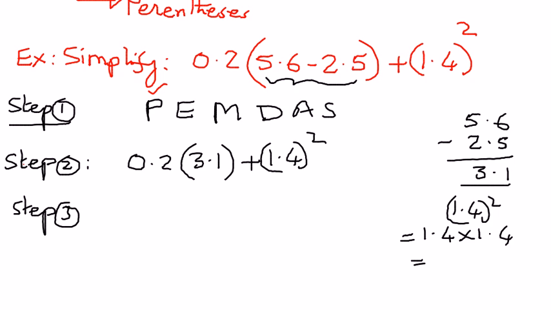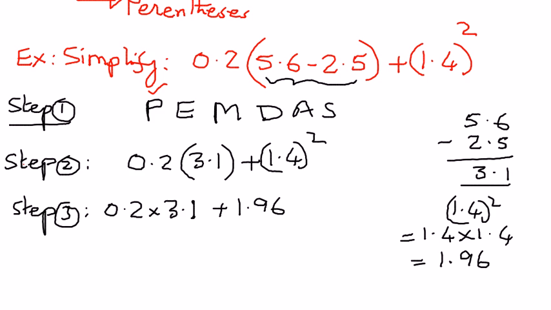These are two decimal numbers, and when we multiply them out, the value comes out as 1.96. So we write that here. We can now drop the parentheses and write this as 0.2 times 3.1 plus 1.4 times 1.4, which is equal to 1.96.